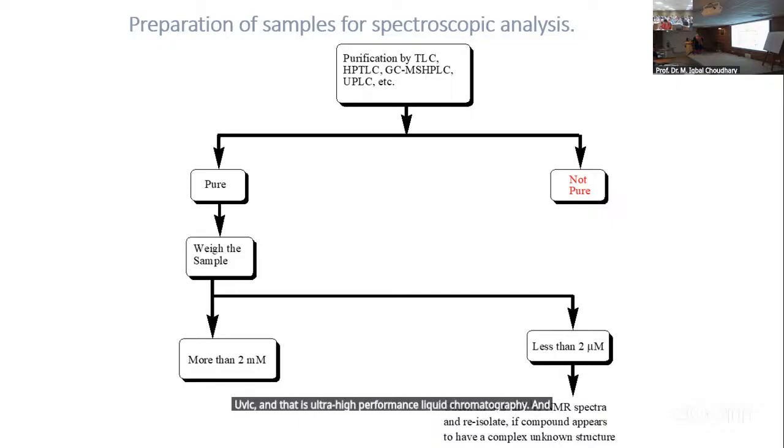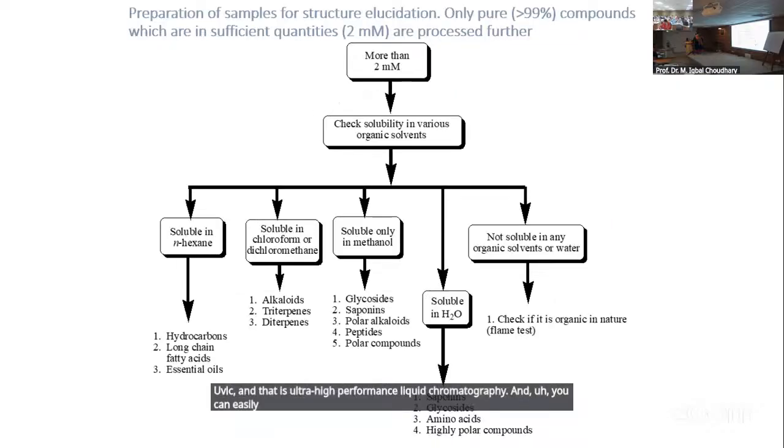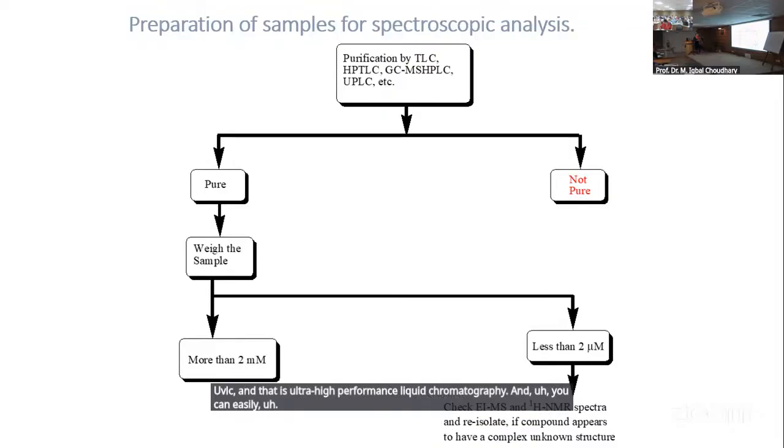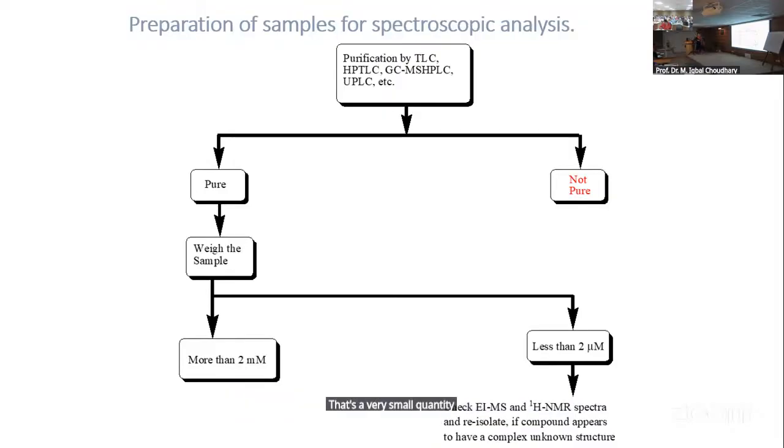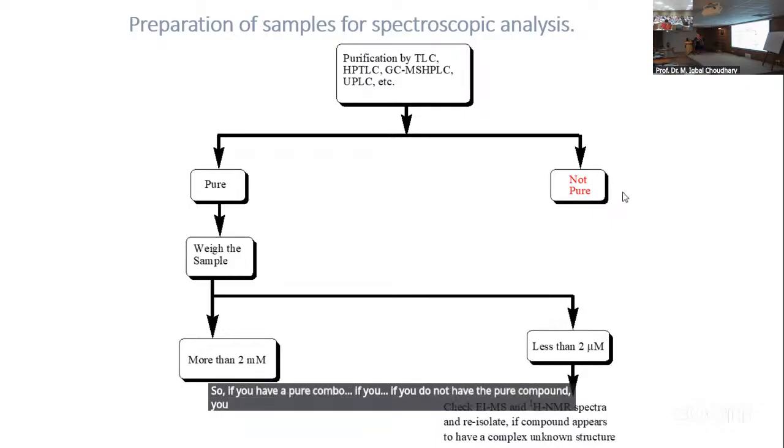You need to inject only a very small quantity, and you can find out if your compound is very pure or not. But TLC is very handy, and every lab can do it easily. If you do not have a pure compound, you cannot proceed.